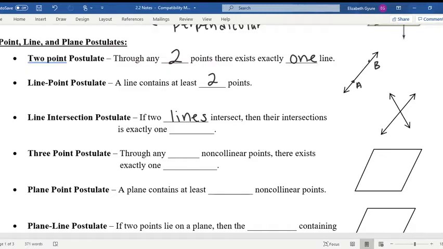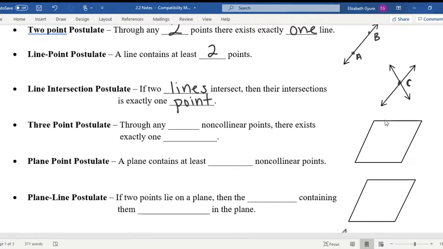So again, look at this diagram here. You have 2 lines, they're intersecting. That means that their intersection is going to form a point. So I'm calling that point C.